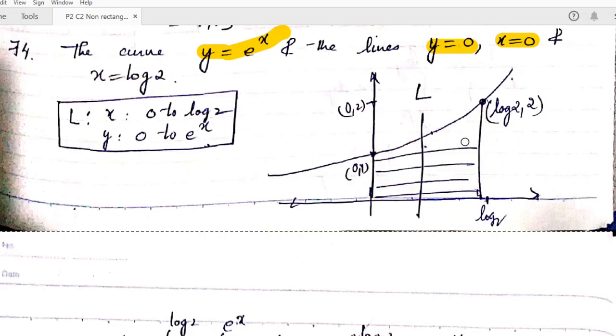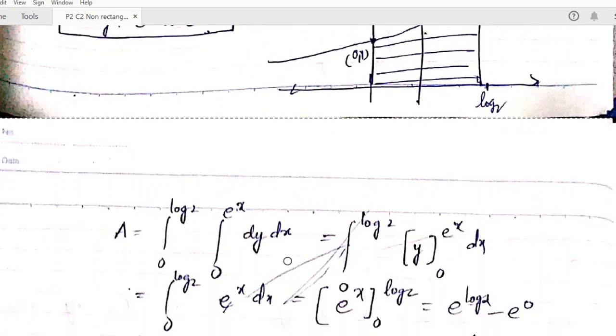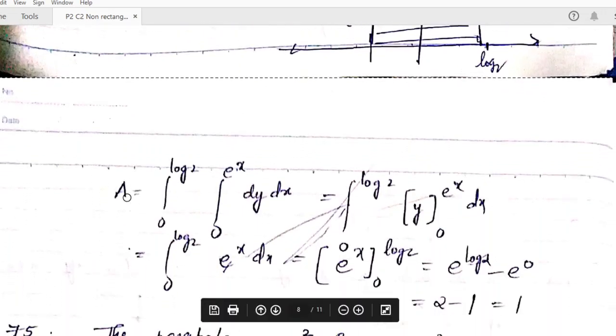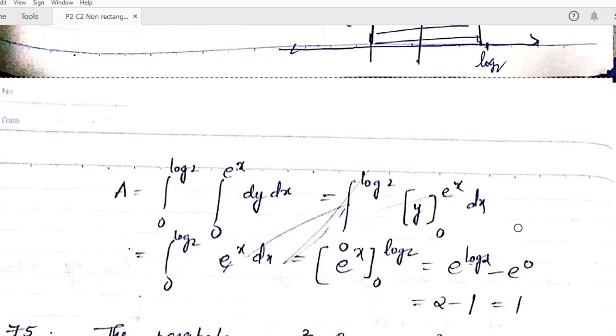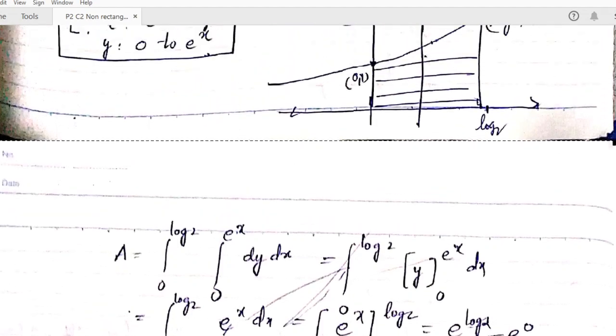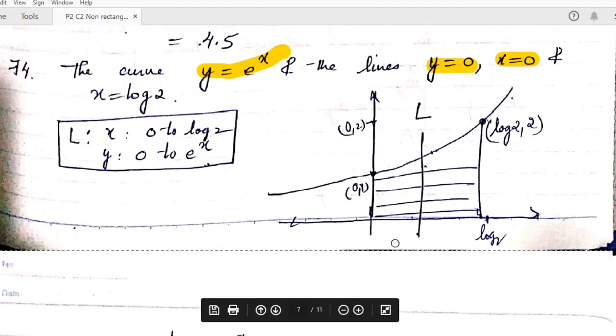Now once we get our region, we can find the limits of x and y. So we have to find the area. We know that the area is A equal to double integral dy dx or double integral dx dy. Here I am going to consider double integral dy dx.